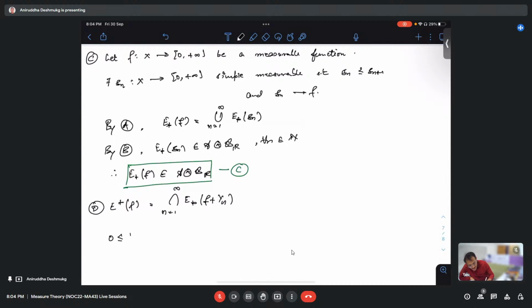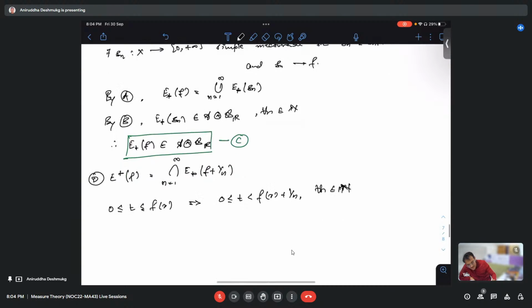If 0 is less than or equal to t is less than or equal to f of x, this automatically implies 0 is less than t, strictly less than f of x plus 1 by n for every n, which means E upper star f is contained inside this intersection.